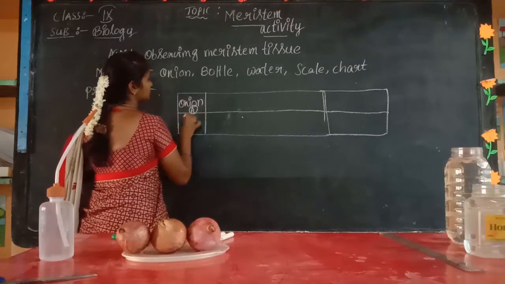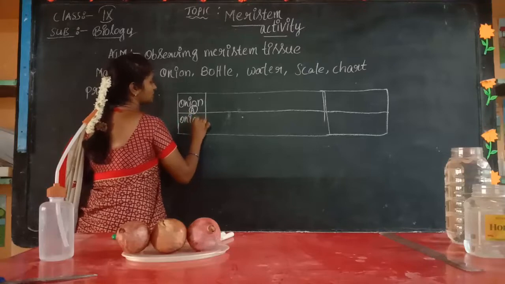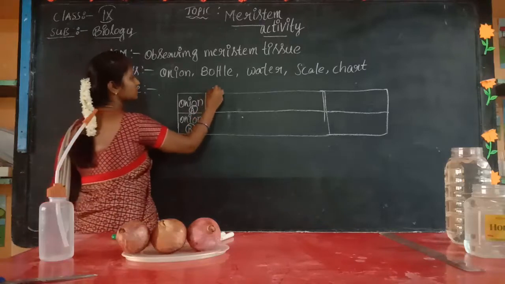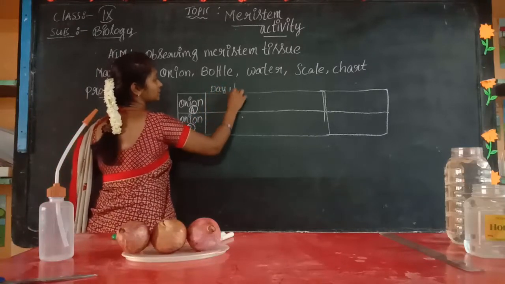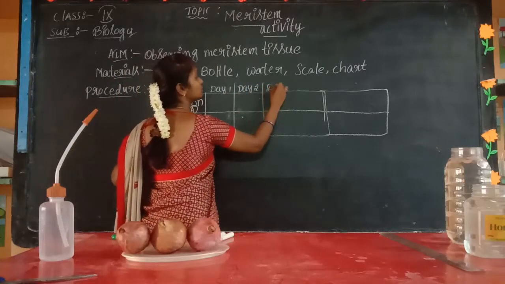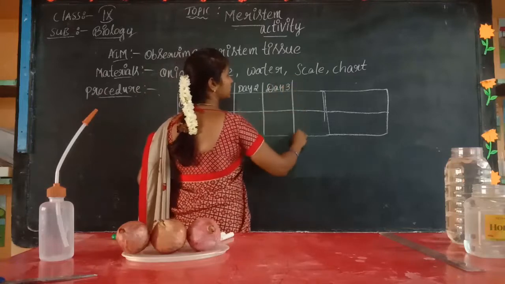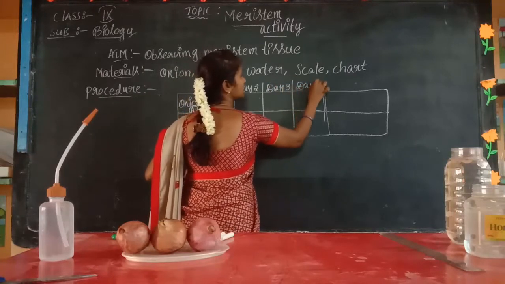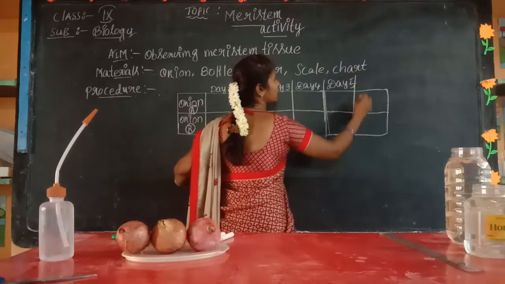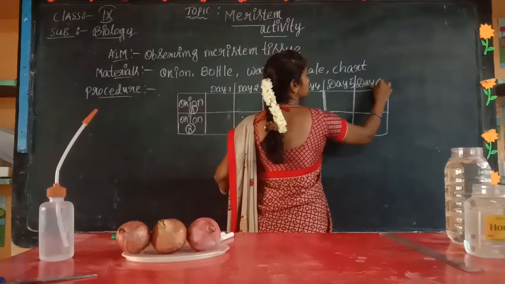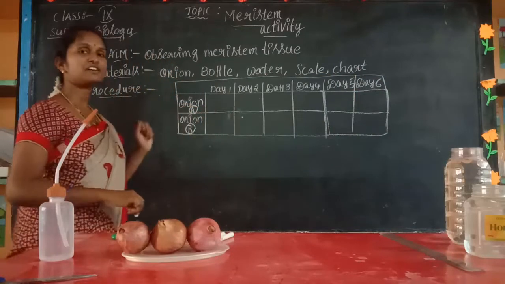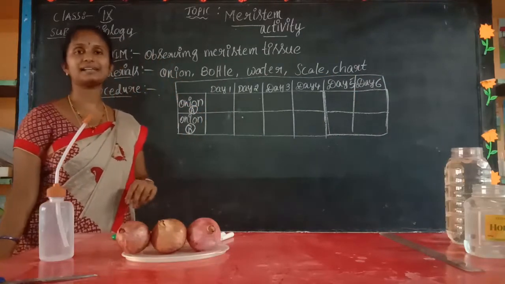Onion A, onion B. Day 1, day 2, day 3, day 4, day 5, day 6. This is the chart you should prepare first and keep aside.